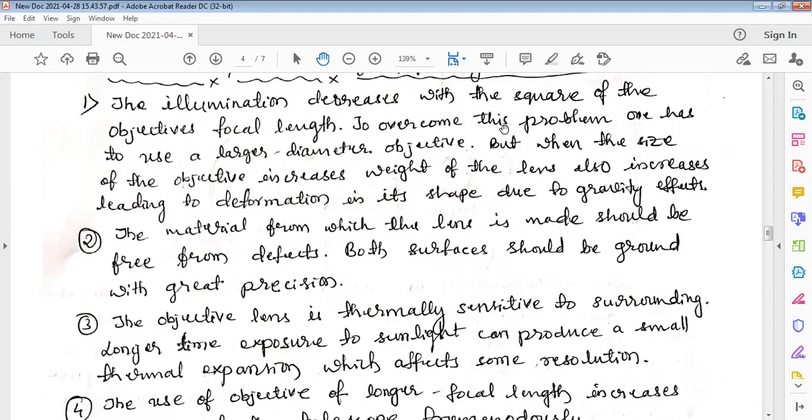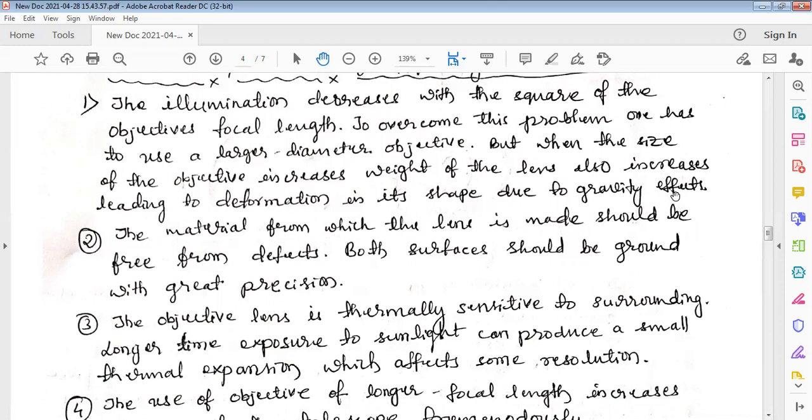To overcome this, the first problem, one has to use a larger diameter objective. But when the size of the objective increases, the weight of the lens also increases, leading to deformation in its shape due to gravity effects. So this is one problem.